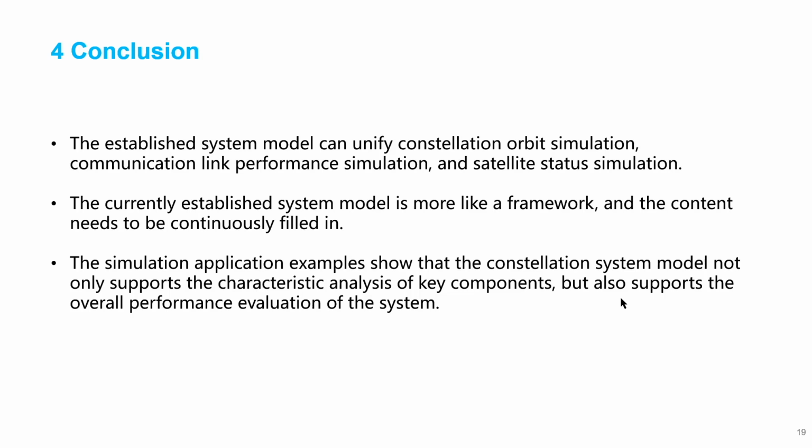Secondly, the currently established system model is more like a framework, and the content needs to be continuously filled in. Thirdly, the simulation application examples show that the constellation system model not only supports the characteristics and analysis of key components, but also supports the overall performance evaluation of the system.